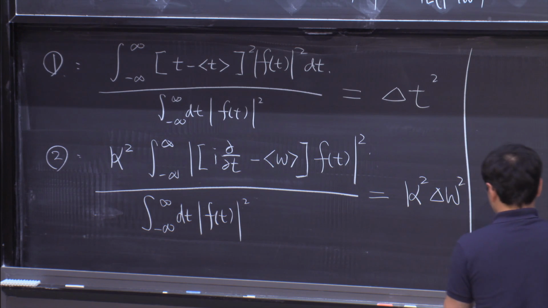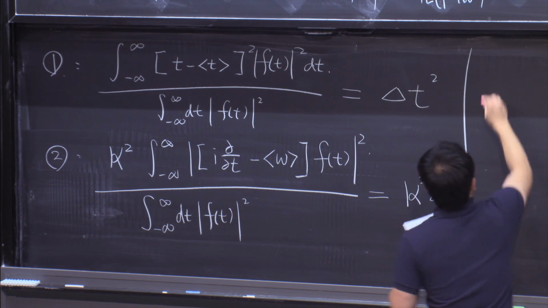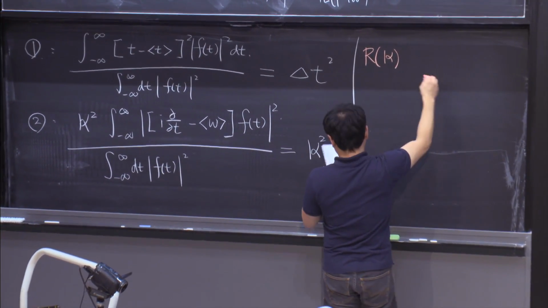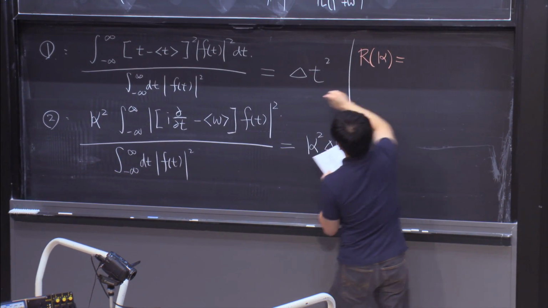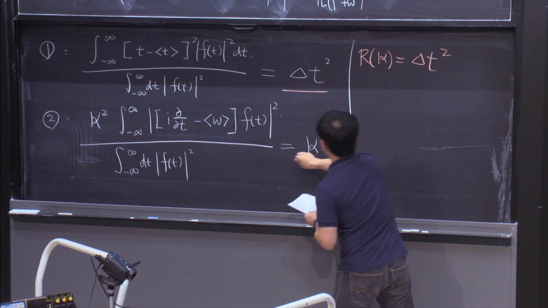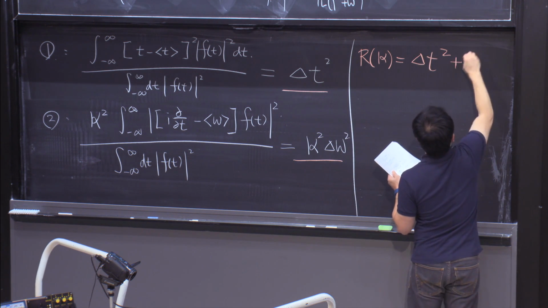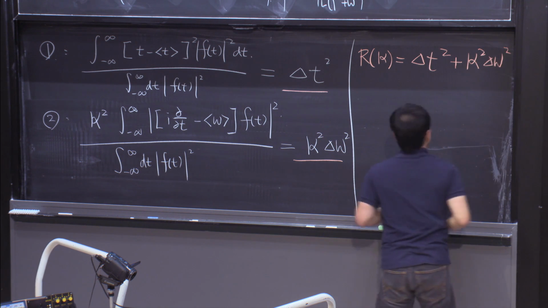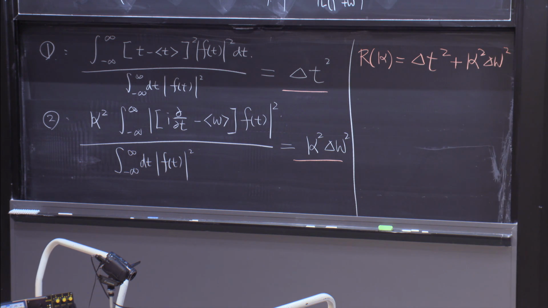Basically, our conclusion is that this R function, as a function of kappa, is equal to the first term here, delta t squared. The second term is plus kappa squared delta omega squared. And finally, the third term is minus kappa.